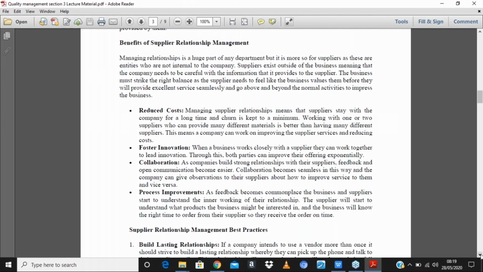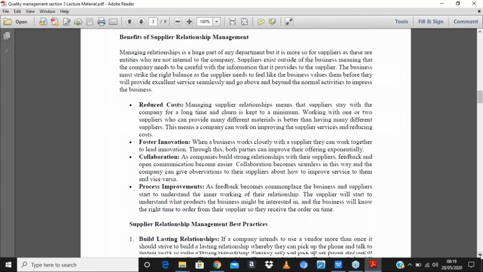So you know that you have developed a relationship where you supply 10 cartons of a particular product every week. You know without fail that this particular customer requires 5 cartons of XYZ raw materials every month. So that relationship is maintained in that light. So reduced cost, you foster innovation, it brings about collaboration and process improvement.